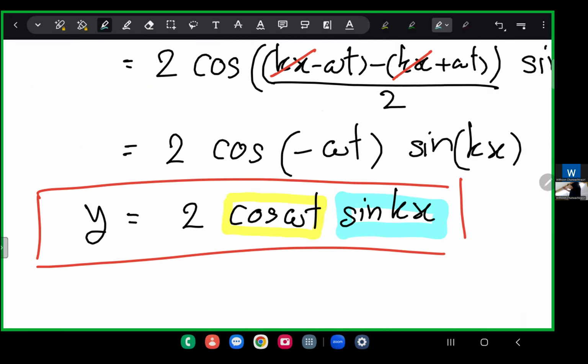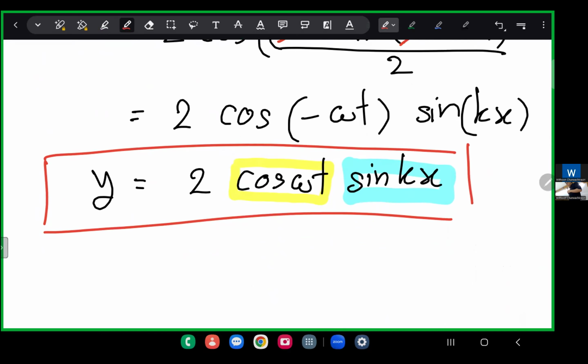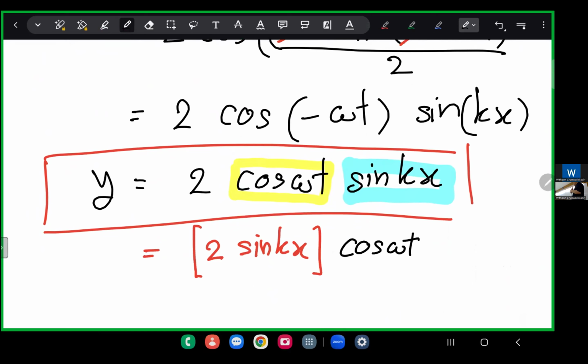If I rearrange this one more round, I'm going to write it as 2 sine kx, pack this into one term, and leave the cosine omega t behind instead. Does this look more like a simple harmonic motion now?